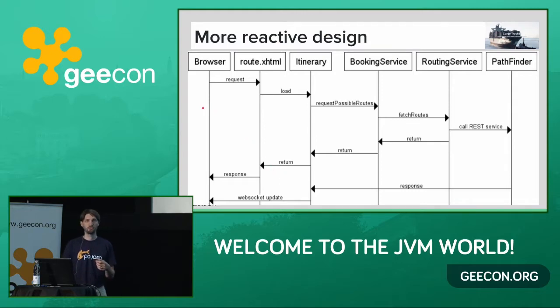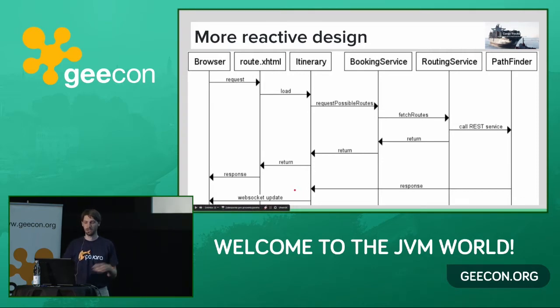So let's try to improve it more reactively, to make it more responsive. The idea is not to wait for an external service to finish the computation, but provide some response to the browser immediately, and let the REST service compute and provide data later, and we can pick up the data later and then send this to the same web page, either by WebSocket update or just by polling with an external request.